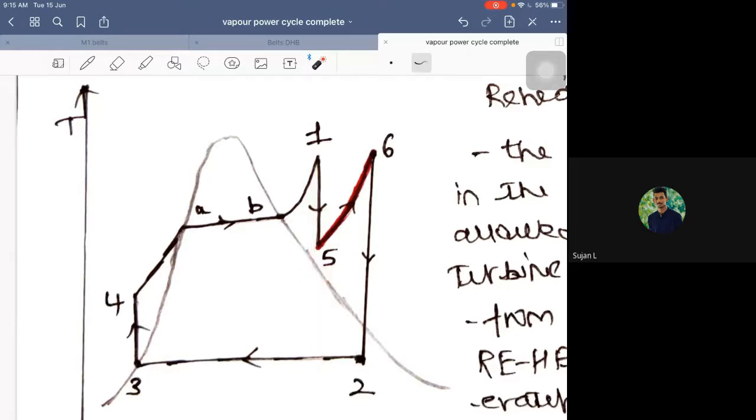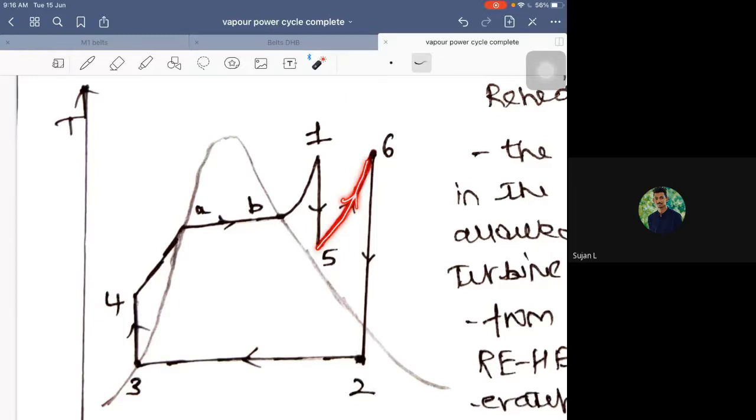Once it has reached 5, nearer to the vapor phase, you heat it back to the initial pressure and initial temperature.